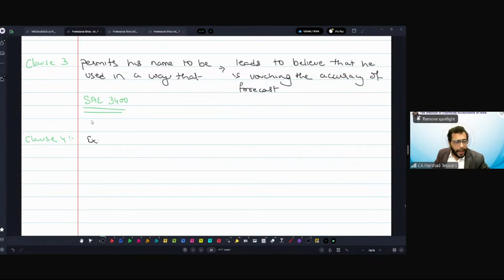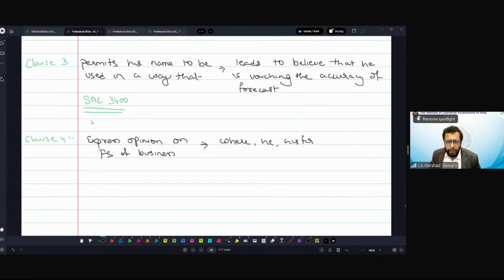So, express opinion on financial statement of any business where he, his firm, or his partner are substantially interested or has a substantial interest.